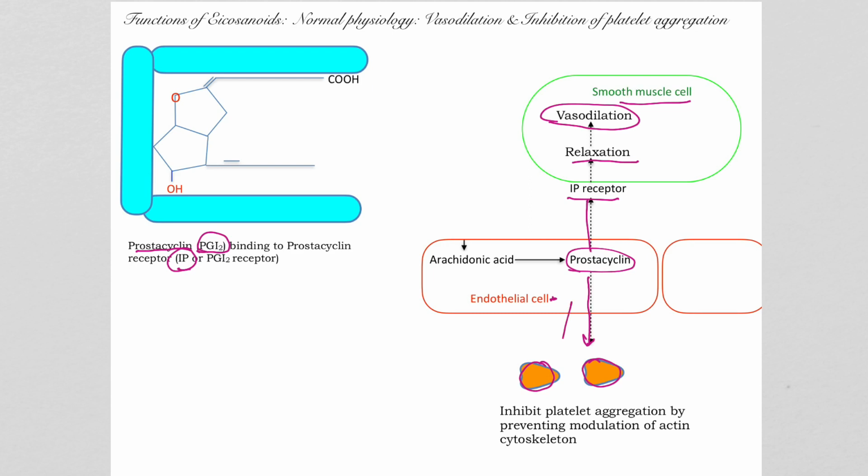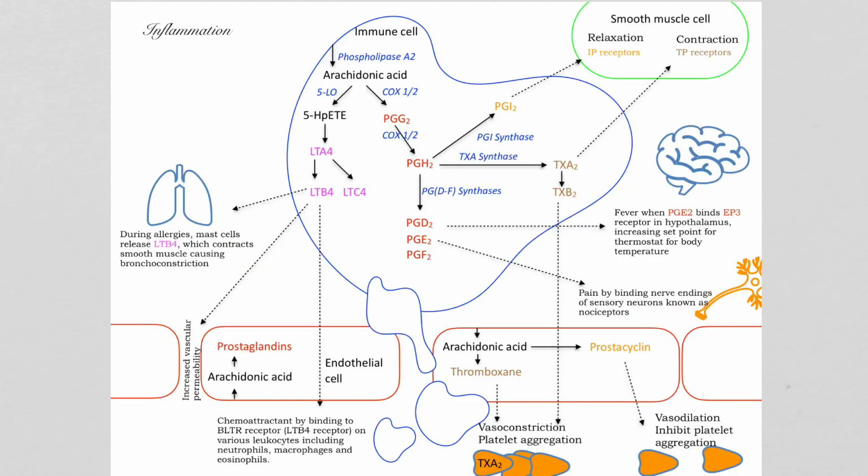So one of the functions of endothelial cells is the production of prostacyclin that binds to the platelets and prevents the modulation of their actin cytoskeleton, which can cause platelet aggregation. So under normal physiology, that's one reason why platelets do not aggregate, because of this prostacyclin production by the endothelial cells.